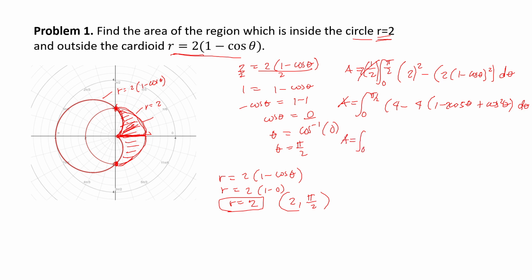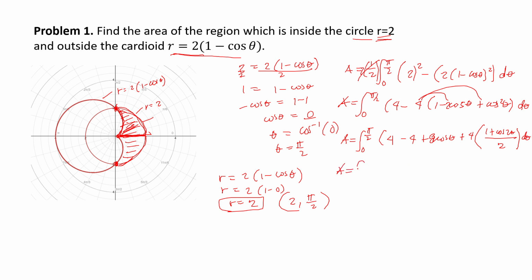Area is equal to 0 to pi over 2, so we have 4 minus 8 cosine theta plus 4, and the identity for cosine squared is 1 plus cosine 2 theta over 2, and d theta.